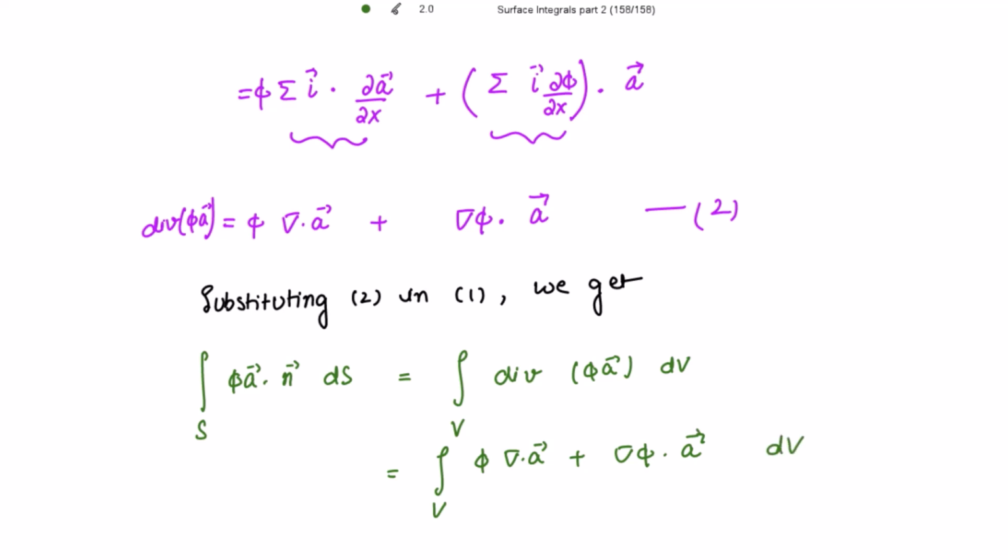Now because this a vector is a constant vector, and the divergence of a constant vector is always equal to 0, so this first term is 0. So this is equal to the volume integral of the remaining second term. Reason: divergence of a vector equal to 0, as a vector is a constant vector.